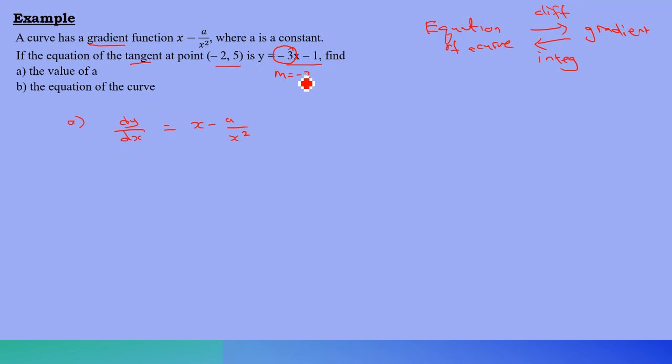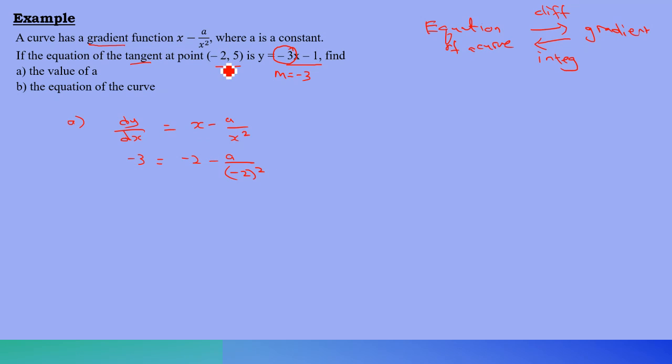So since we know already that dy/dx is your gradient of the tangent, at this point, when x is negative 2, we have negative 3, the gradient, equals (x is negative 2 minus a) over (negative 2) squared.